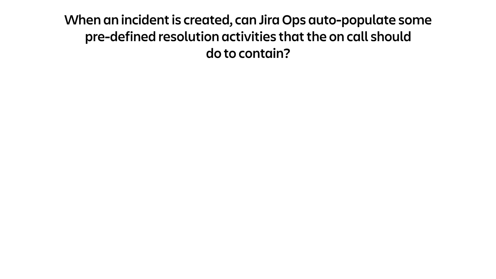Here is another question. This is about adding folks to the incident. The question is, how do you add people to the incident? Great question. A handful of different ways. As you saw there, we were pinging incident responders in Opsgenie as well as Slack, in Jira Ops.